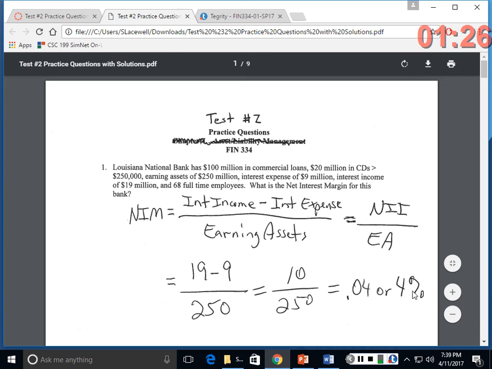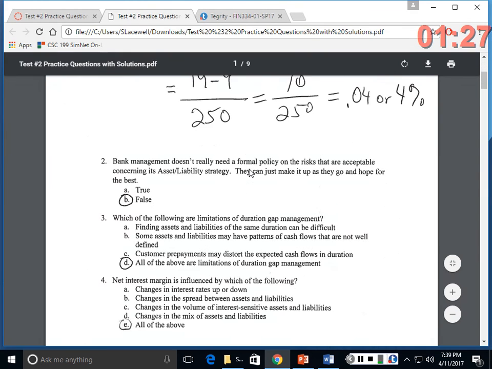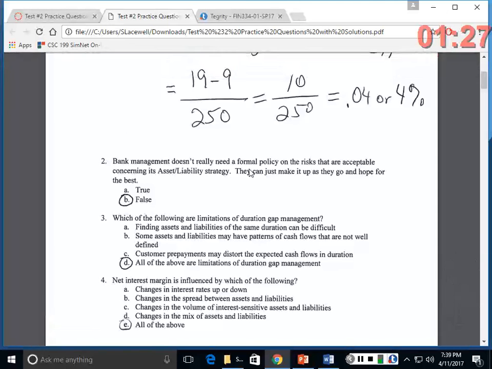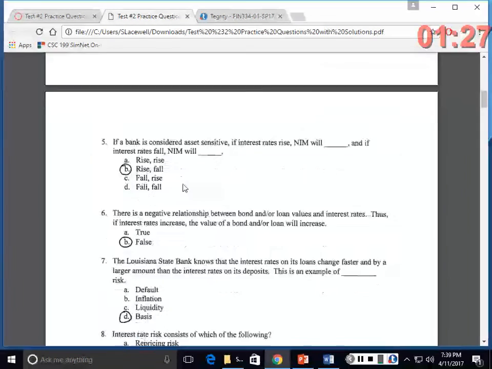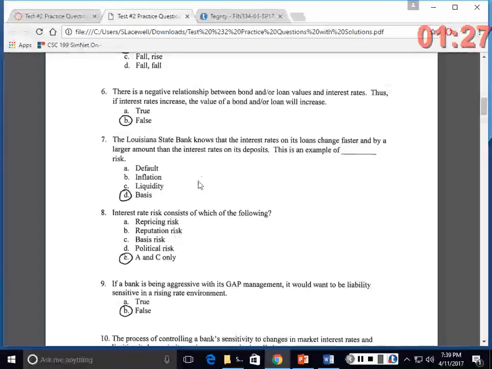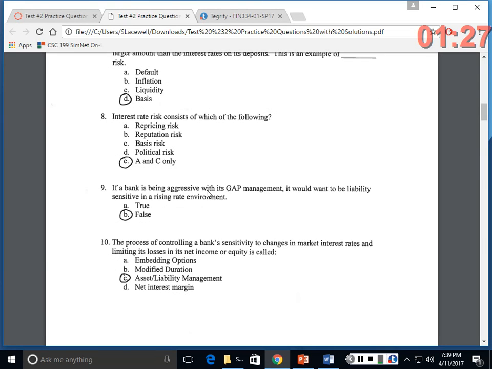I worked through these pretty quickly, but you can see there are several practice questions here that are really good study questions. Some of these are multiple choice, some are true/false. You can go through these yourself if you want to. It basically discusses a lot of what we just talked about on the study guide.